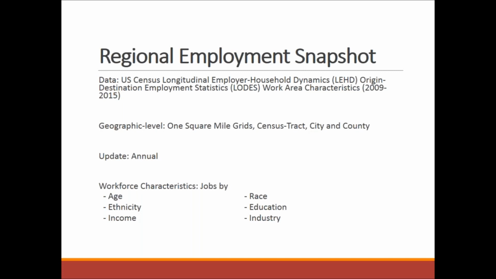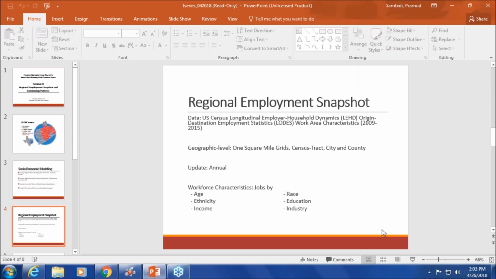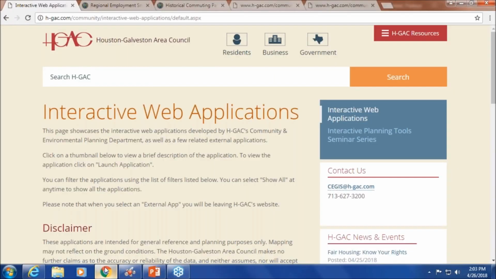The data is updated on an annual basis, and at present, the latest data is 2015. We also have workforce characteristics by age, ethnicity, income, race, education, and industry. So let's jump into the application.